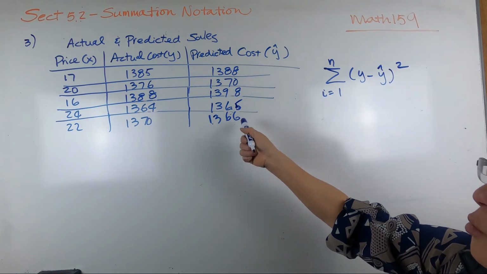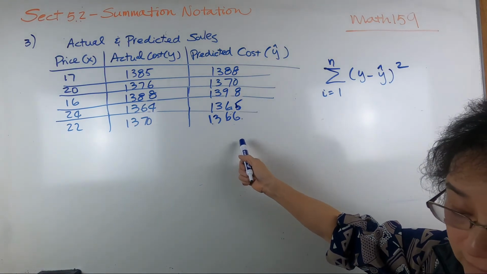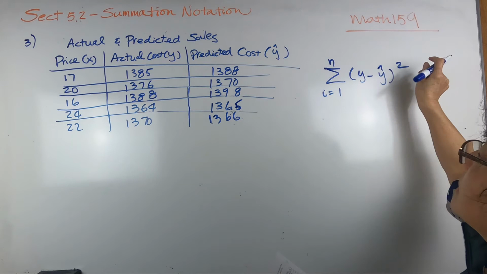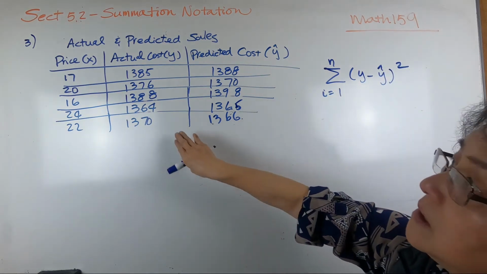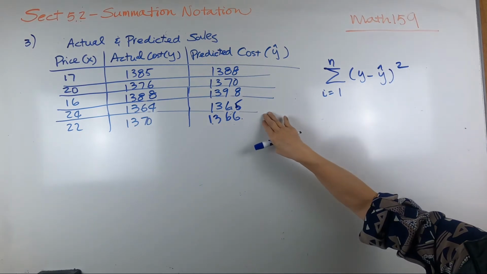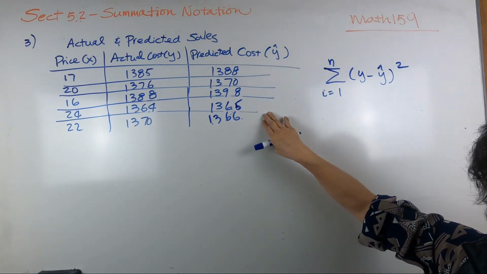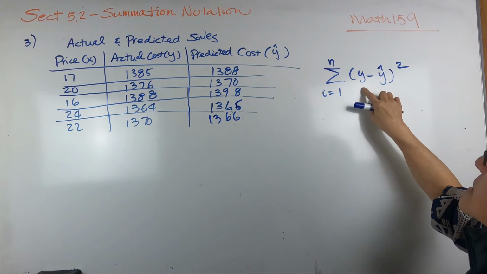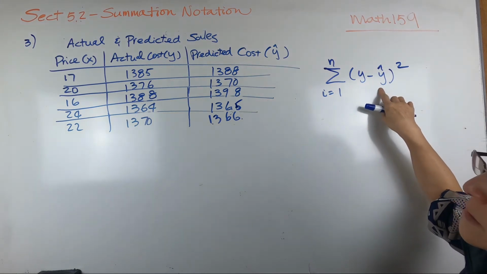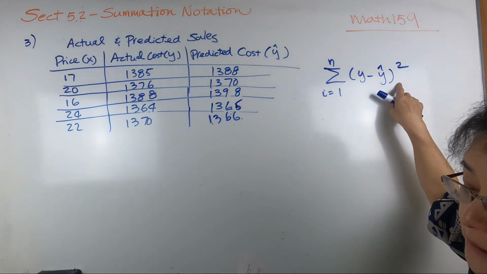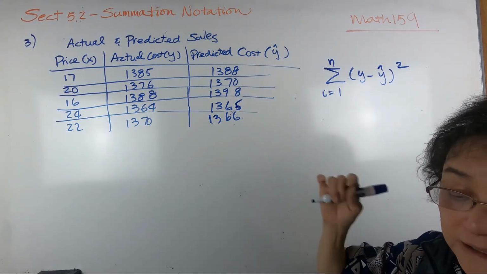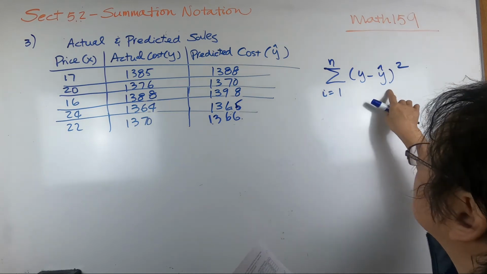But what we wanted to do is find the sum of squares. Residual means what? The difference between the actual and predicted. So the difference is the residual between the actual and the predicted. Then you take a square. Then you want to find the sum of the squares of the residuals.